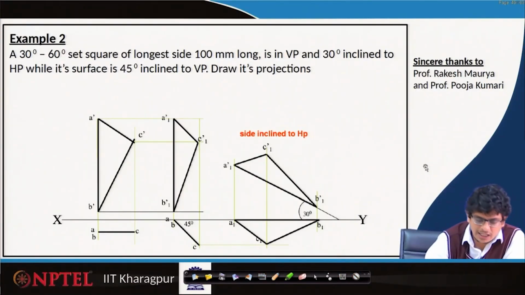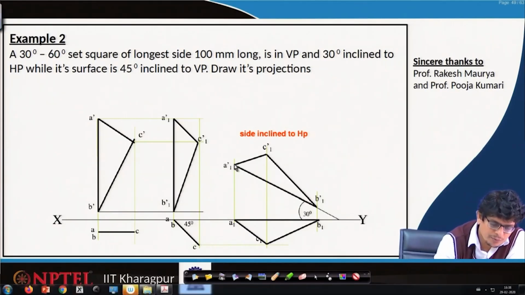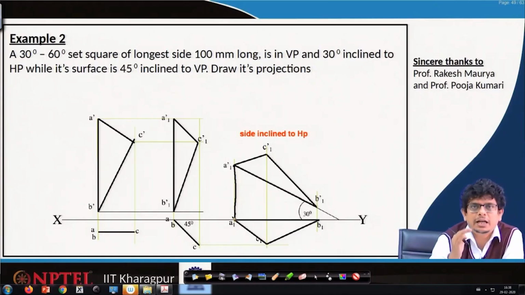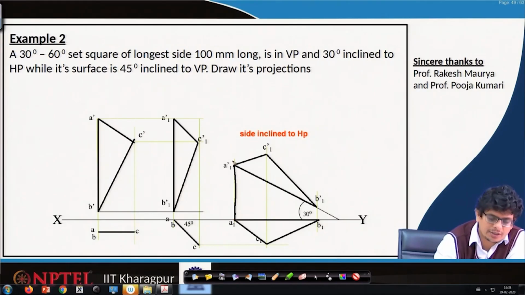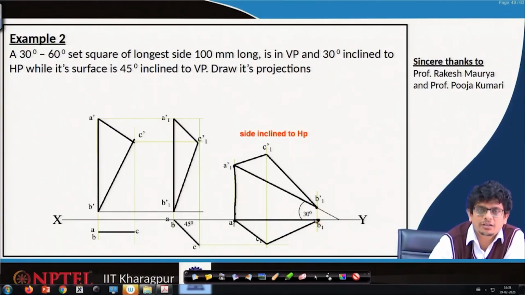So, now the last step is to project this entire A1 all the way down, because this set square is supposed to be on the vertical plane. So, the longest one will always be in touch with this vertical plane. A1 prime meets this x axis, B1 prime meets at this point, and we project this C1 prime all the way down, because it is supposed to make 45 degrees with VP.